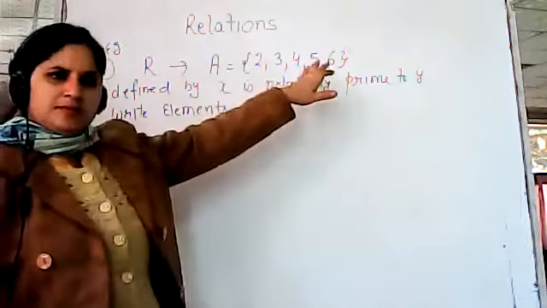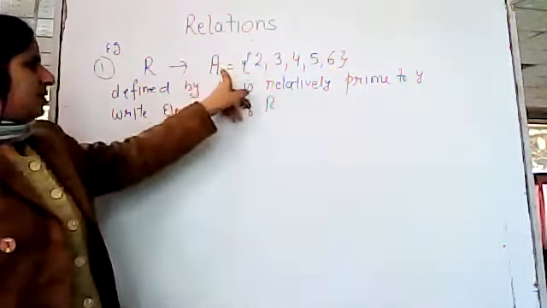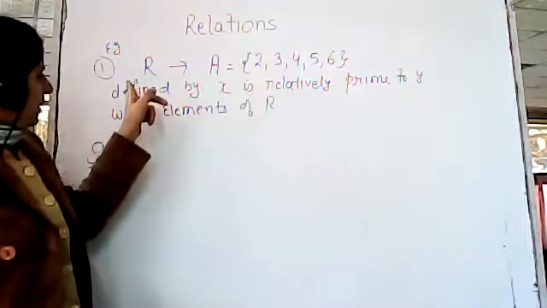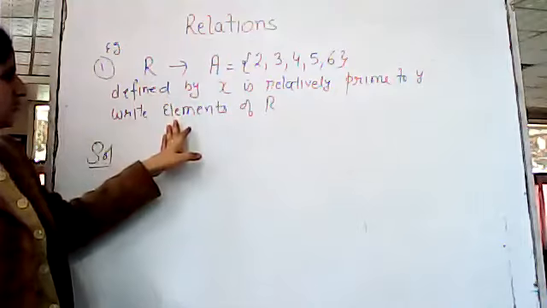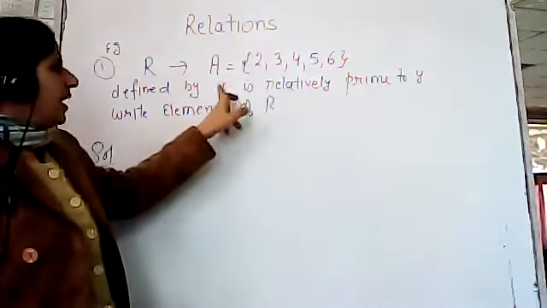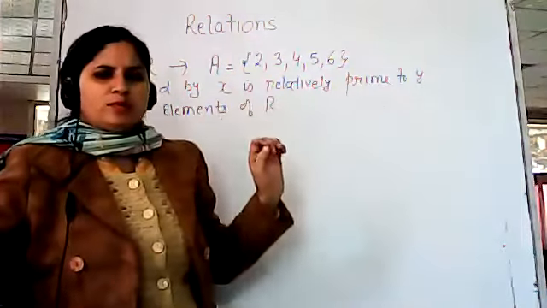A is a set. R is a relation defined on set A. How is R defined? R is basically a collection of those elements in which X is relatively prime to Y.